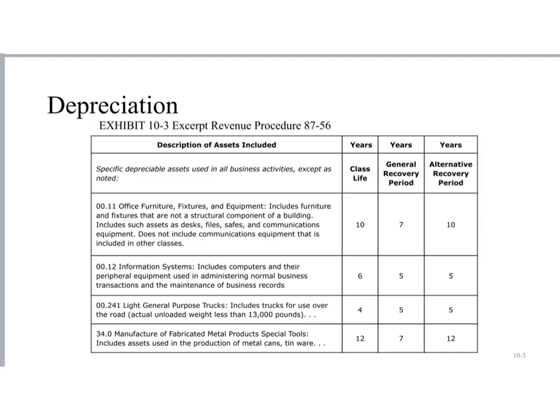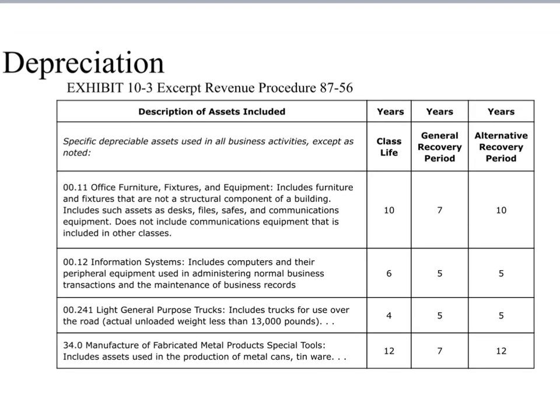All right, so what this chart is, it's an excerpt from a revenue procedure. A revenue procedure is Treasury Department guidance, essentially, that discusses how we depreciate things, all right? And we've already discussed that in order to depreciate something, you need to know its basis, the depreciation method, and its recovery period, okay?